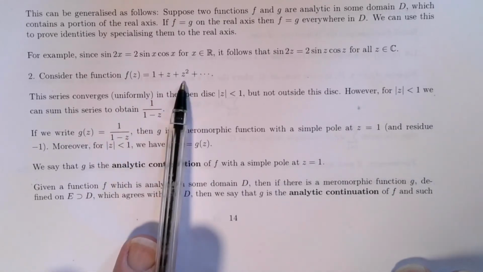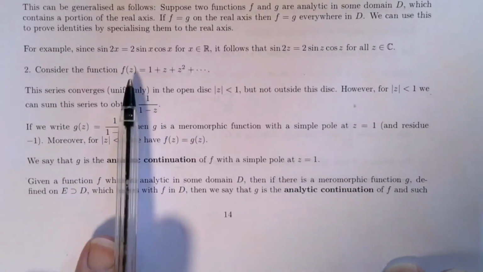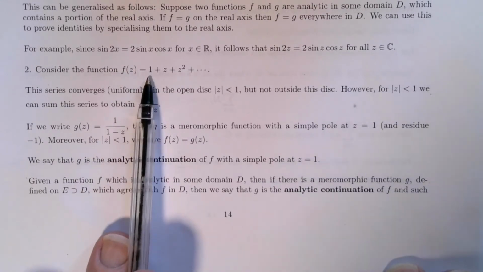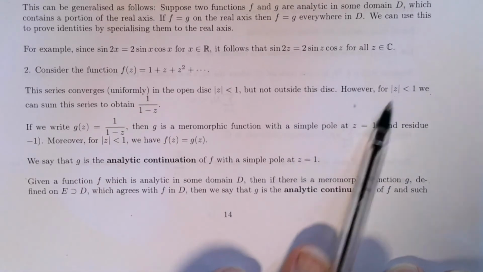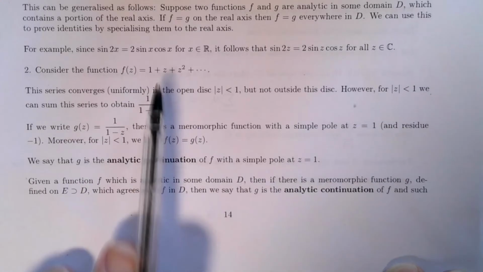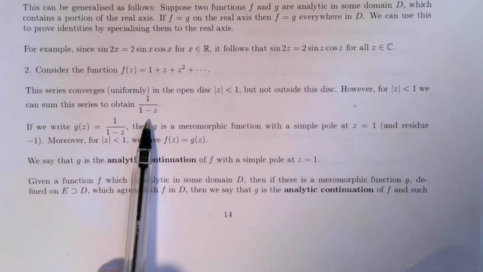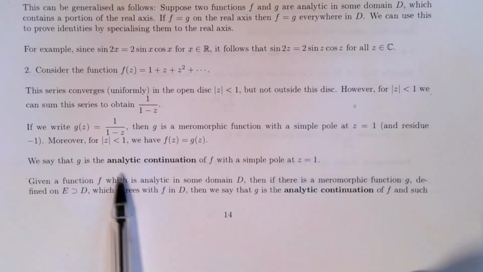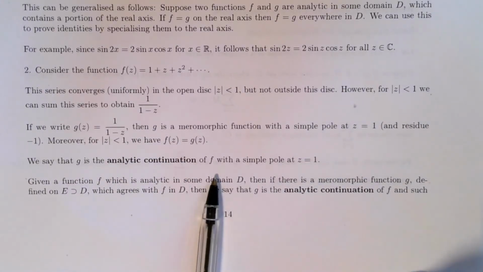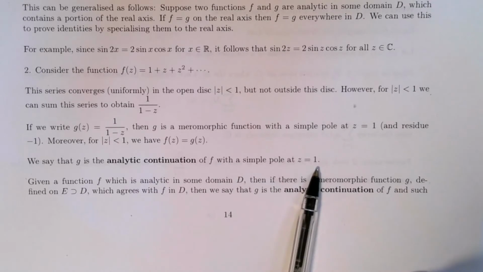Another way of thinking about it is to say we could redefine this f, which is only defined in one region, to be this function, and this one is valid everywhere except at 1. So we say that g is the analytic continuation of f, and it's got a simple pole at z is 1.